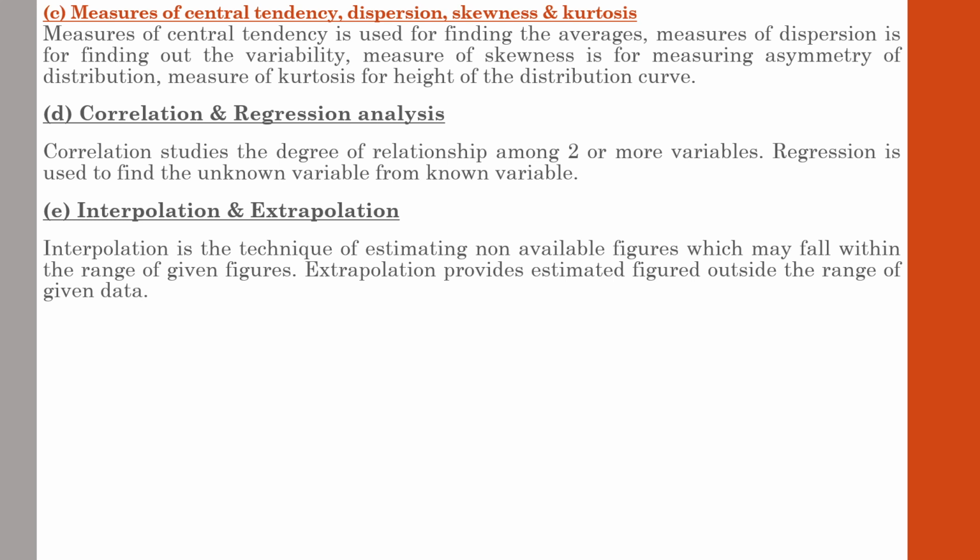You are given a class 0 to 10, 10 to 20, 30. Next one we don't know, it is unknown. Next one 40 to 50, 50 to 60. Can you say the class limit of that 30 to next one? We don't know. Can you identify that?